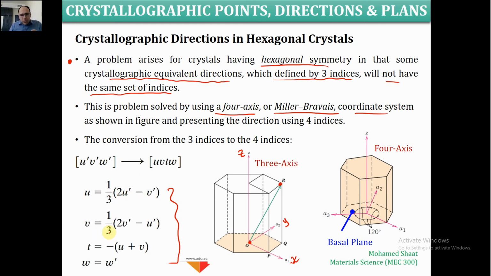V equals 1/3 times 2V prime minus U prime. T equals negative U plus V, but W equals W prime. Make sense? So this is simply how we can convert from the 3 index notation to the 4 index Miller-Bravais coordinate system for the hexagonal crystal.